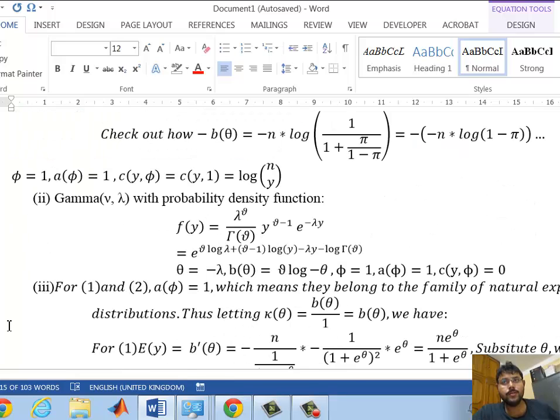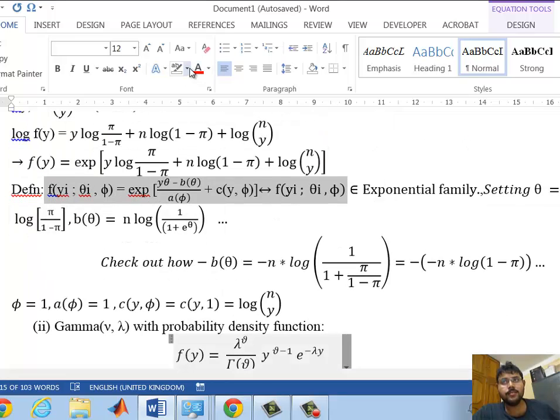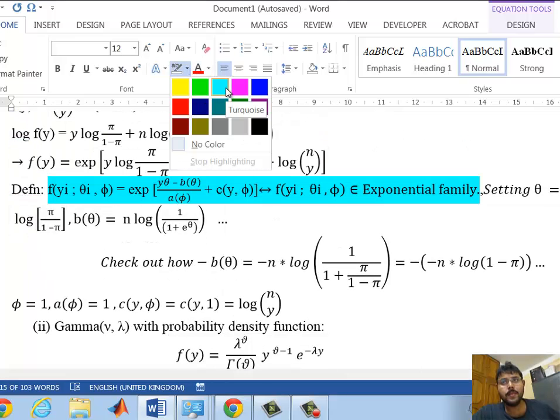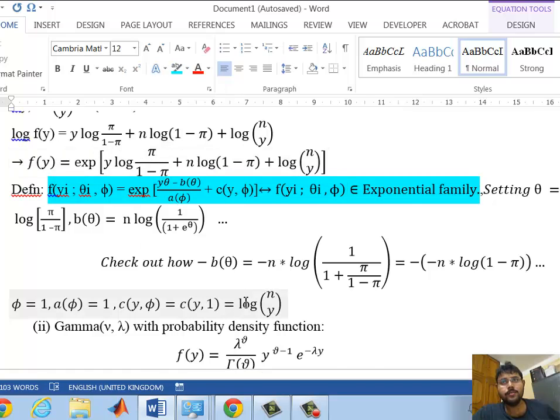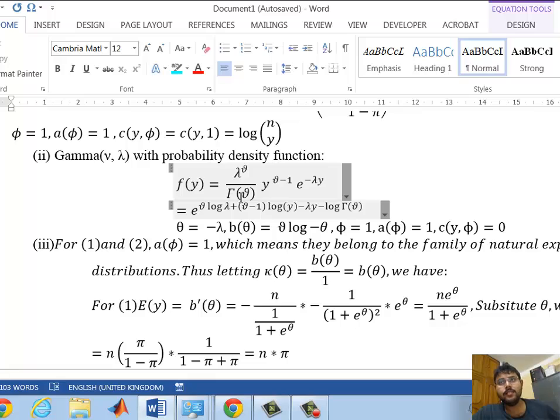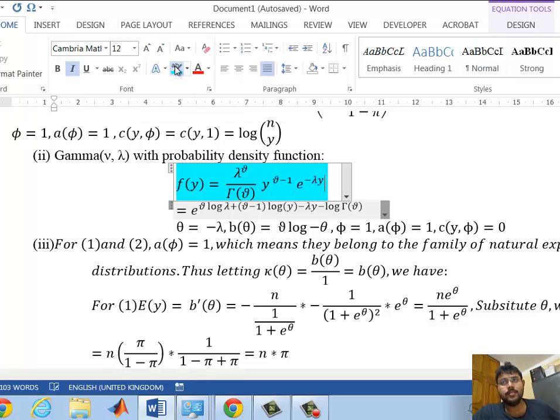So then we do it for the gamma functions, right? Again, this is our reference point, highlighted in blue in the video now. Y theta minus b of theta, a of phi, c of y comma phi, and I have this gamma function out here.